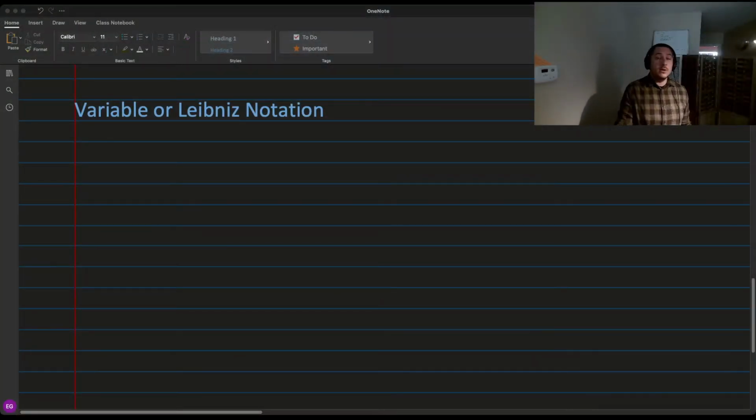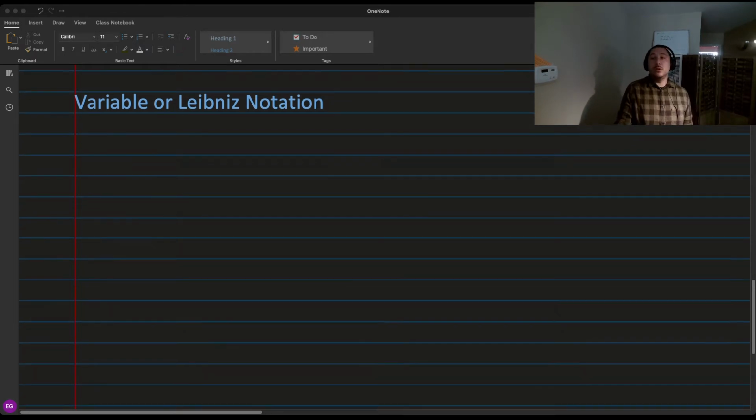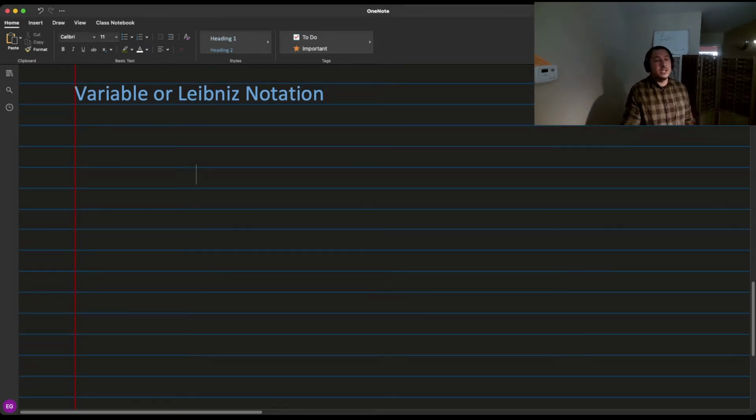There we go. Okay, so one of the reasons you should be aware that there are these different notations is because calculus was independently discovered by Sir Isaac Newton and Gottfried Wilhelm Leibniz. Newton liked to use something akin to the function notation that we use today, whereas Leibniz came up with his own notation.